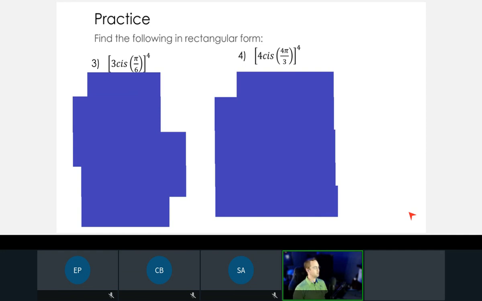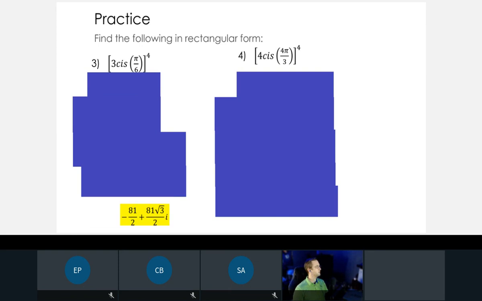Negative 81 over 2 plus 81 rad 3 all divided by 2. And then you forgot your I. Oh, yep, you forgot your I. And that's correct. So that is the correct answer.